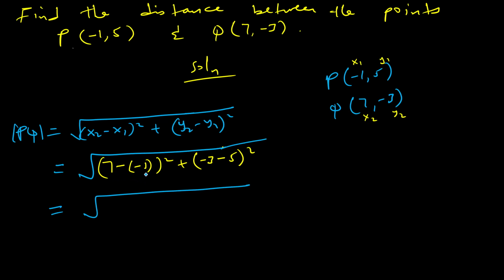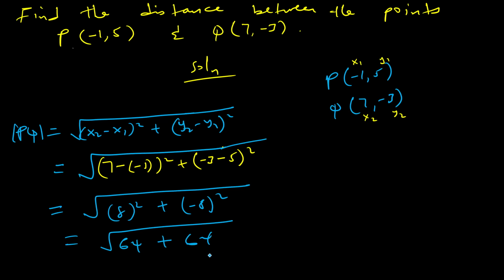So what do we have here? Minus minus is plus, so we have 8 squared, and we have minus 8 squared. So we have 8 squared, 64, plus 64, so we have 128.